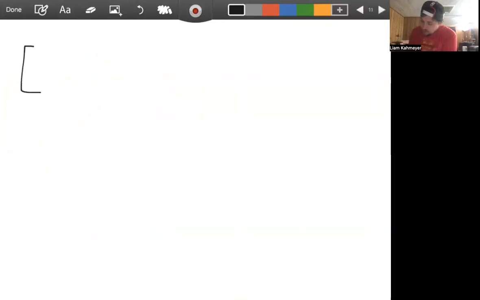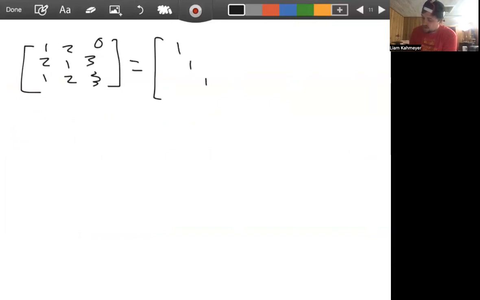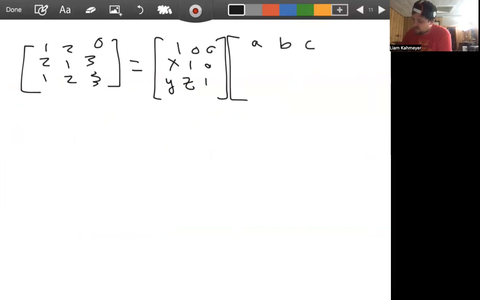We want 1, 2, 1, 2, 1, 2, 0, 3, 3 to be equal to a lower triangular matrix times an upper triangular matrix, and we'll say A, B, C, 0, D, E, 0, 0, F. And we are tasked with solving for all of these unknowns. To find the LU factorization, we have to know what X, Y, and Z are, and what A, B, C, D, E, and F are.